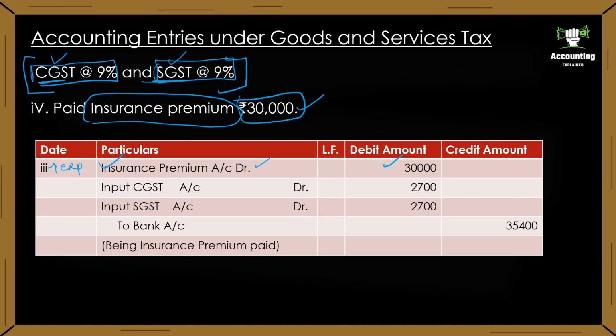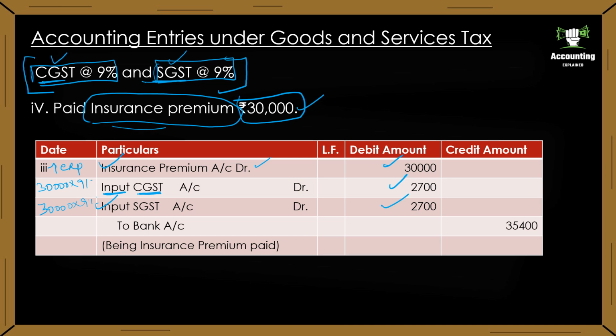When you make payment and you are going to pay goods and services tax, it is called input. Here it is called input CGST. Amount is 30,000 into 9%, it is 2,700. Again, input SGST is how much? 30,000 into 9%, it is 2,700.